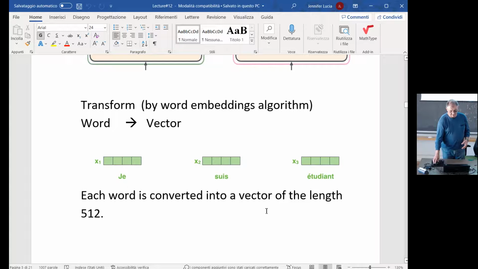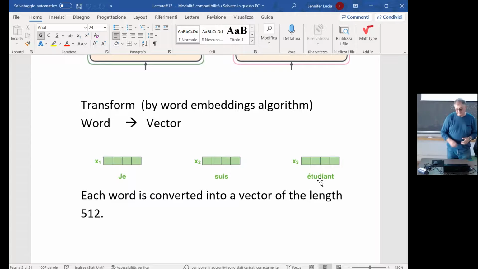For example, je suis étudiant, 3 vectors. It is absolutely important that they have the same dimensionality. So the dimensionality of our input and output words should be the same.